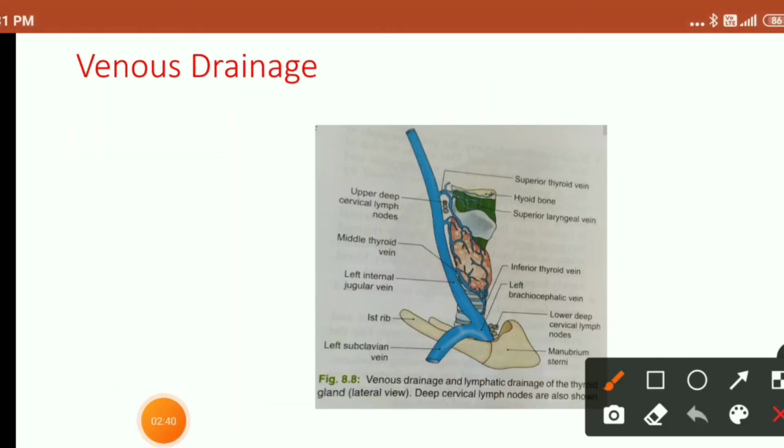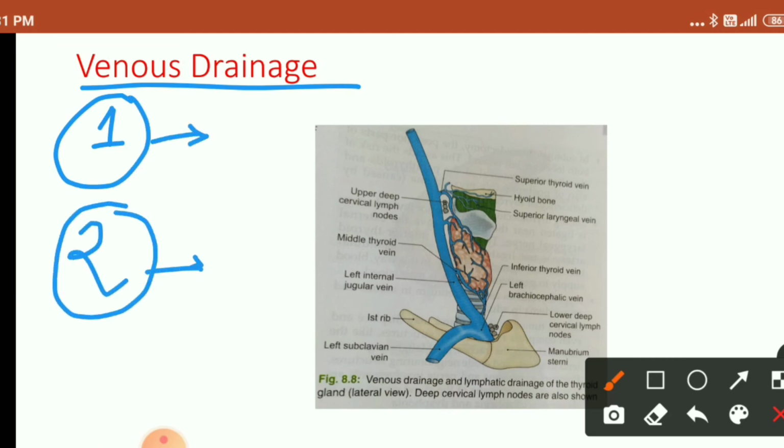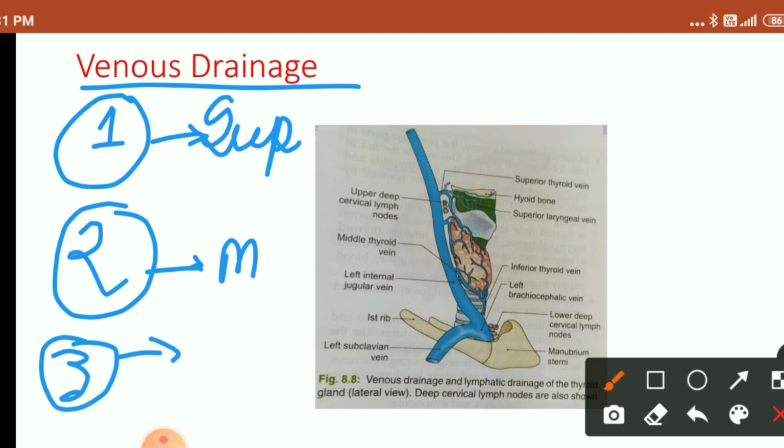Now the venous drainage. You see that the thyroid gland is drained by three veins: first the superior thyroid vein, the middle thyroid vein, and the inferior thyroid vein.